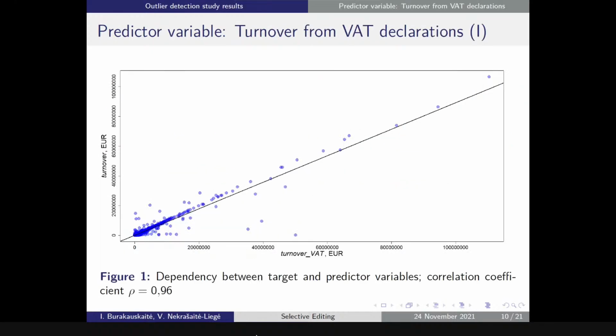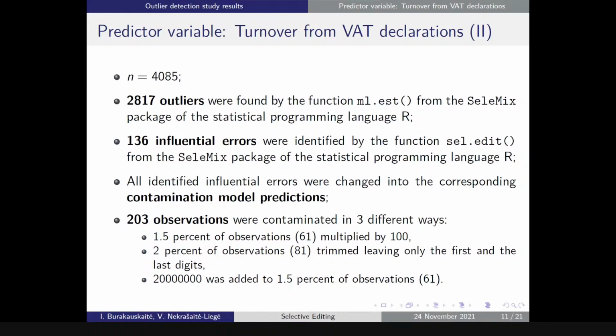So firstly, when the predictor variable was turnover from VAT declarations, the scatter plot here shows the dependency between the target variable and predictor variable. As you can see, this dependency is quite high. Correlation coefficient is close to 1. Out of approximately 4,000 observations, a little bit more than 2,800 outliers were found, but only 136 influential errors were identified.